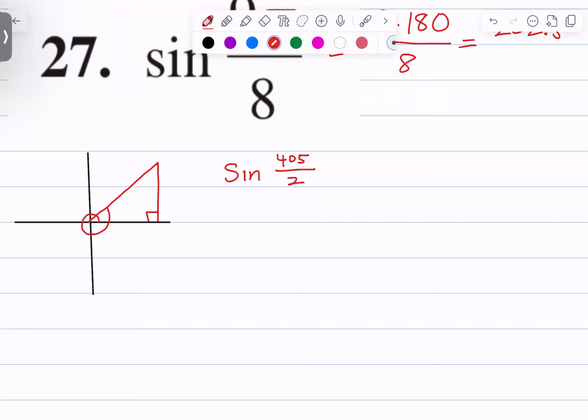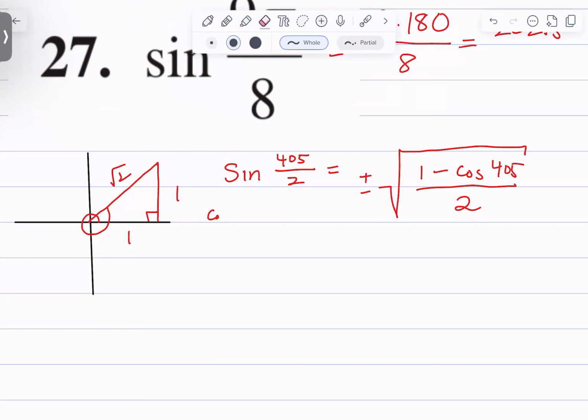So the formula would be plus or minus the square root of 1 minus cosine of 405 divided by 2. We need the cosine value. The cosine of this equals square root of 2 over 2.